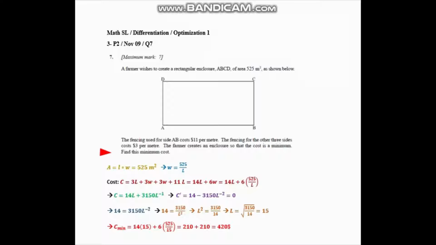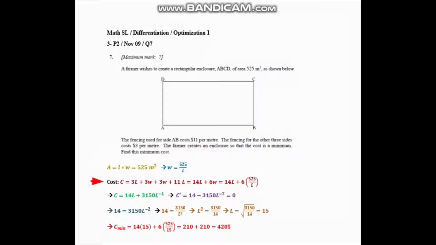Now, since the area equals L times W, which is equal to 525, I can get W in terms of L, so that when I get the expression for the cost, I don't have 2 variables. I can get the expression in 1 variable only. So, as we said, the cost shall be given by 3L plus 3W plus 3W plus 11L.